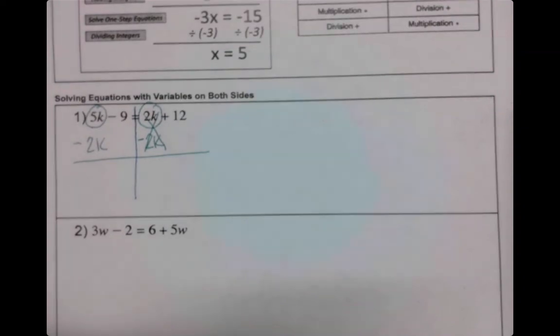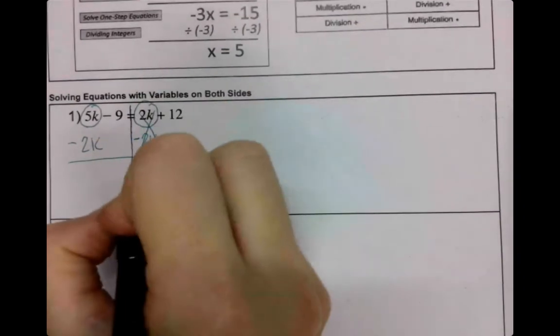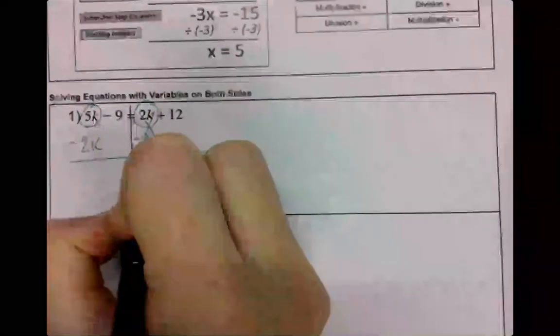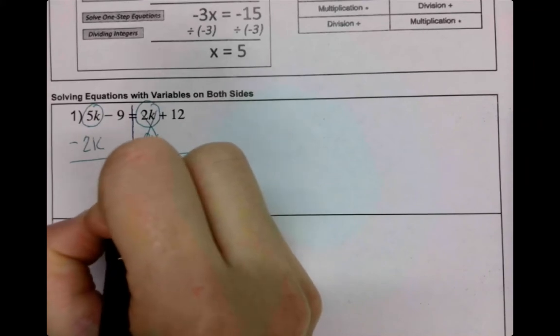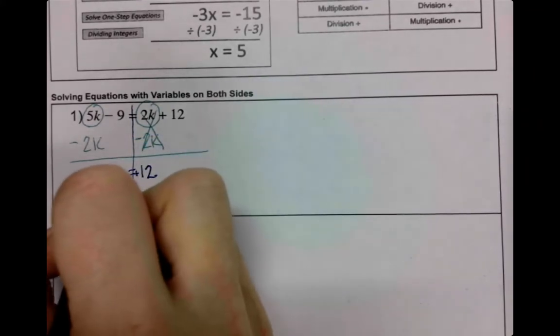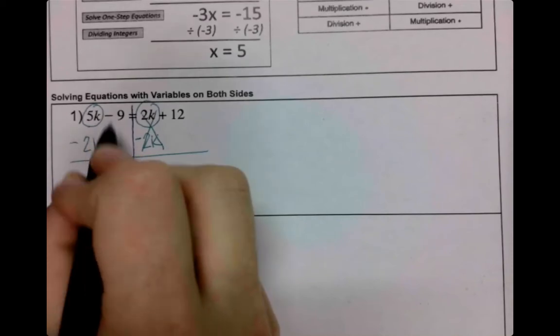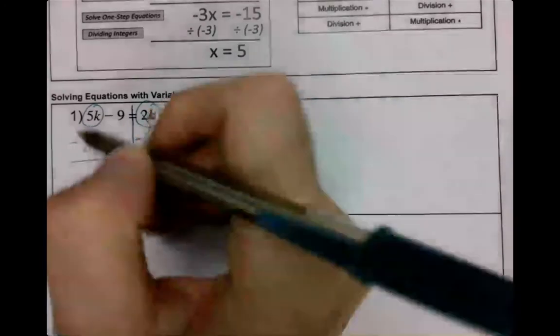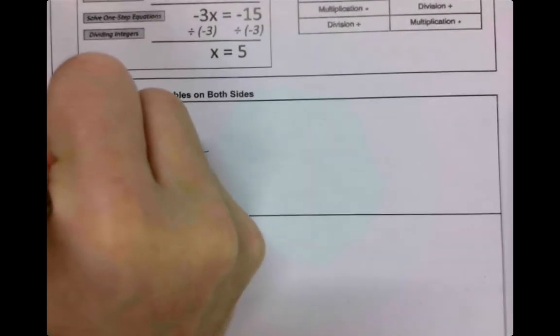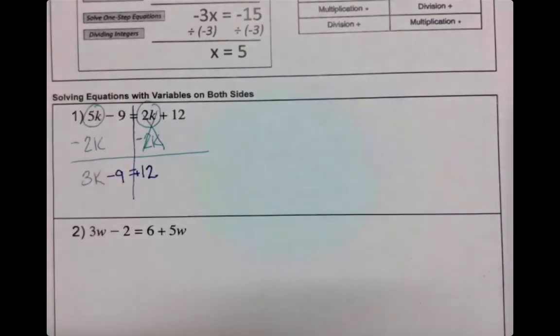That is now gone. Finito. I have my positive 12 over here, and you can put the plus sign if you want. I have my minus 9 from up there, and then 5 minus 2 is 3K.